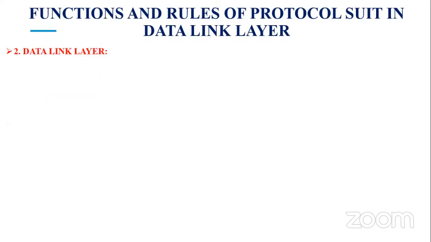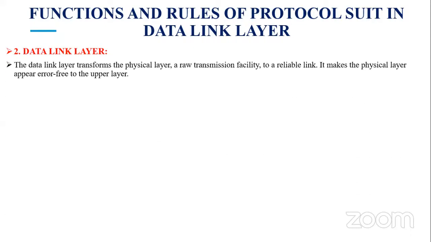What is it and what will it do? The data link layer is the second layer of the OSI model.